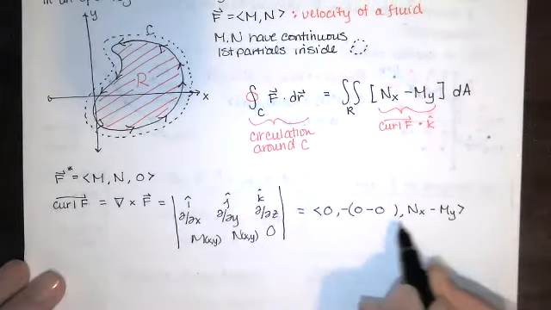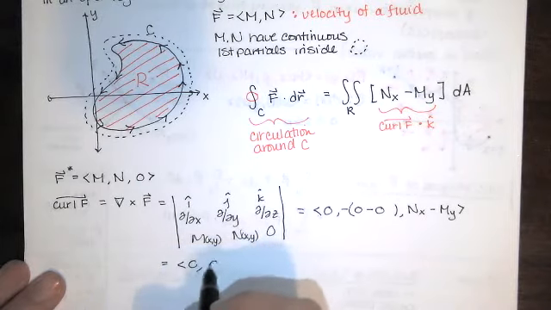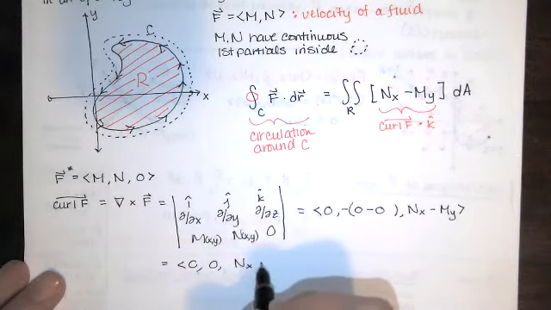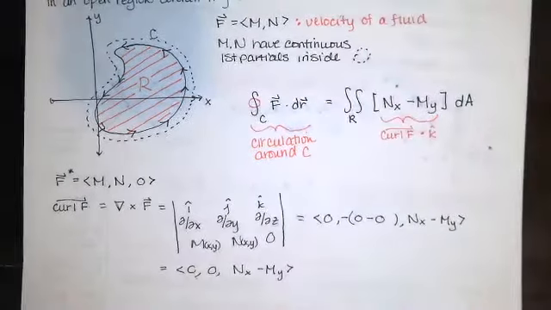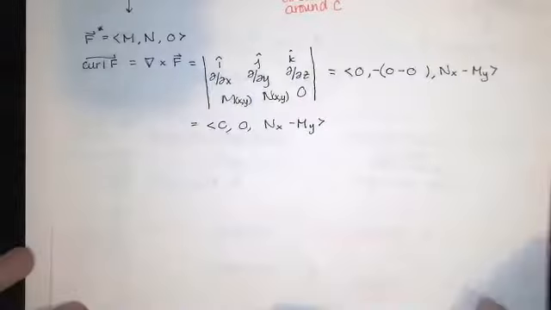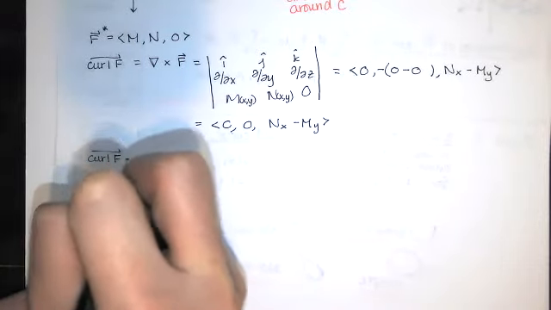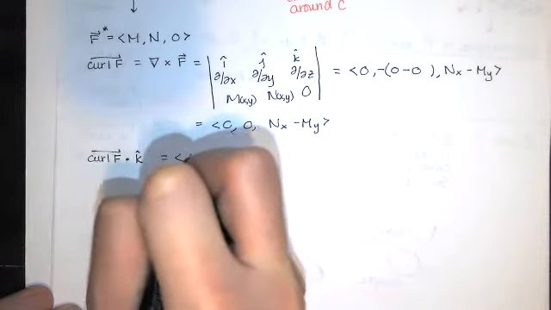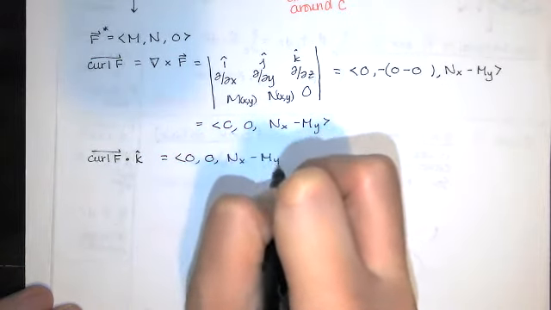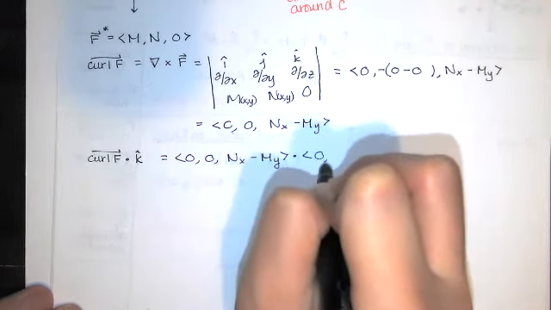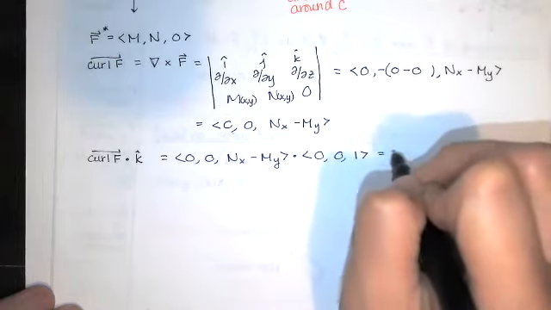Now, if I take this vector and I dot it with k hat, so that's 0, 0, partial of N with respect to x minus partial of M with respect to y, dotted with 0, 0, 1. We just get that z component.